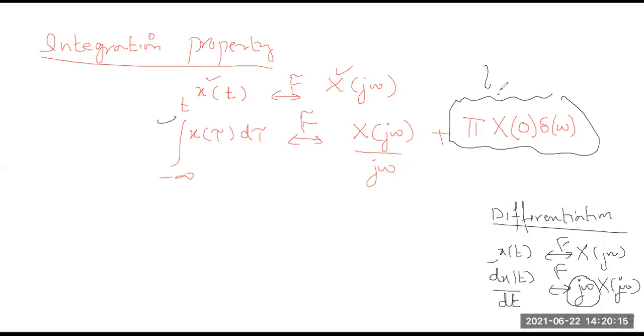So let's find out what is the proof of this property. Why does the integration of any time domain signal, whose Fourier transform was capital X, change to this thing?